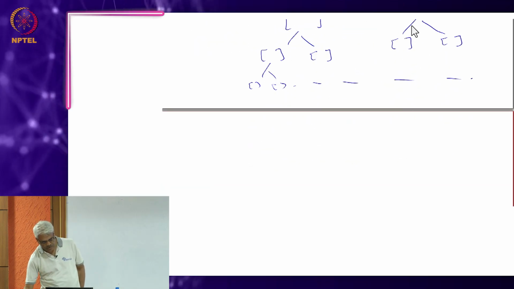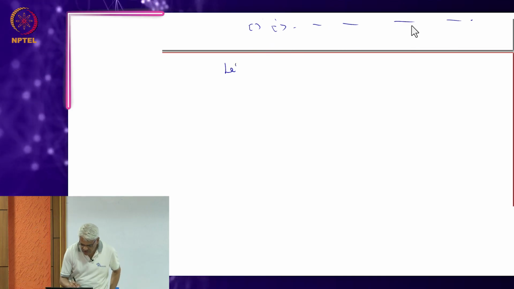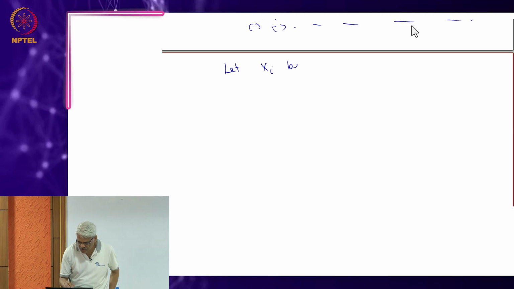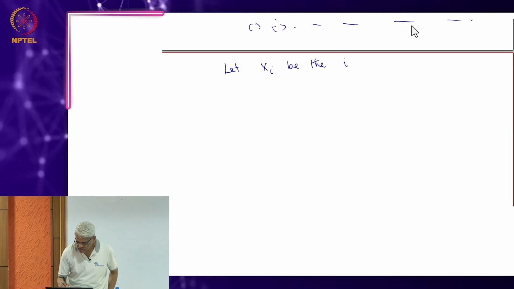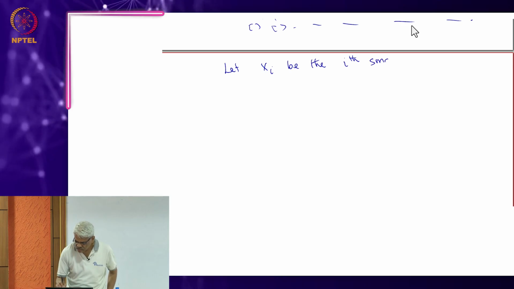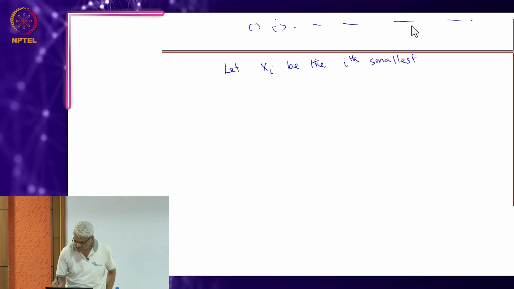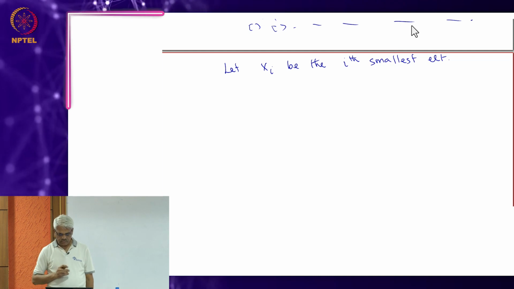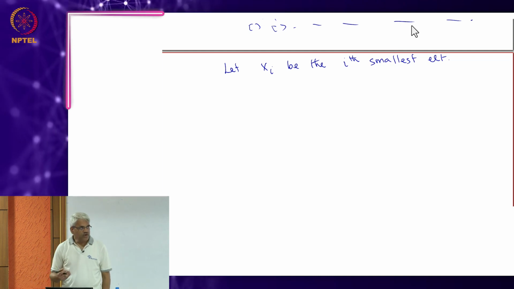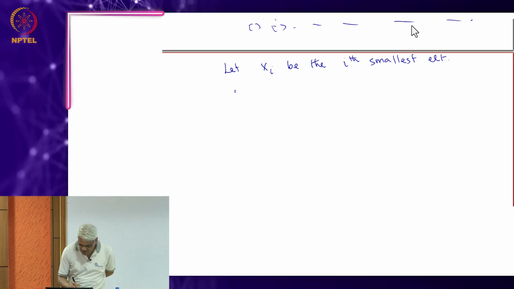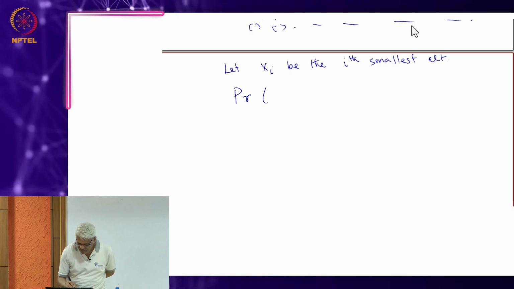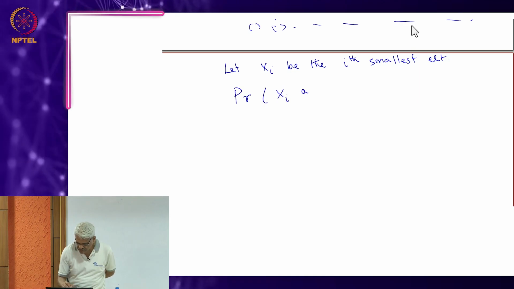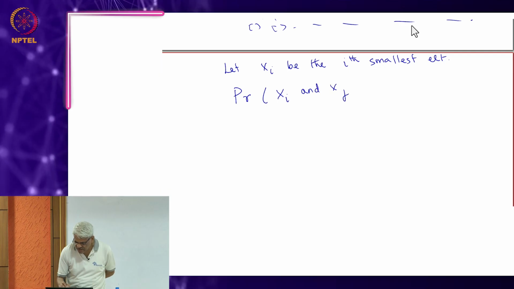Okay. So, let xi be the ith smallest element. Now, what I want to compute is the following: what is the probability that xi and xj will be compared?